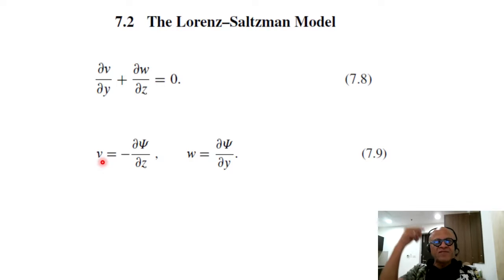So the stream function for the flow is obviously always tangential to the streamline, and that is related to the z derivative of the stream function for the meridional velocity and the meridional derivative of the stream function for the vertical velocity.